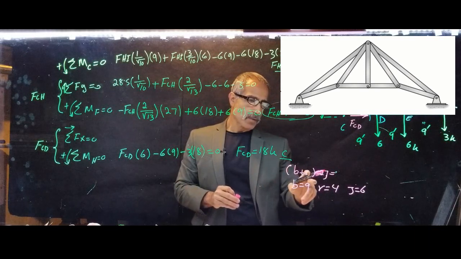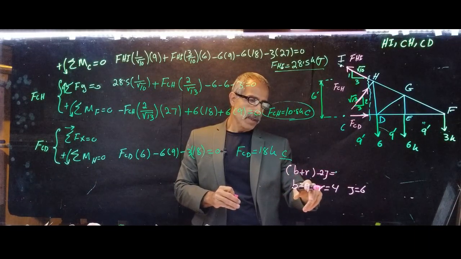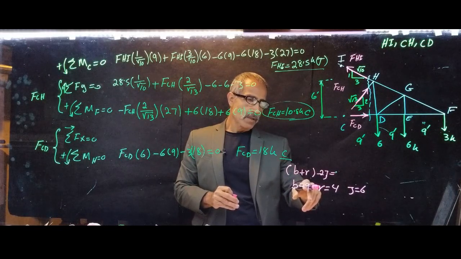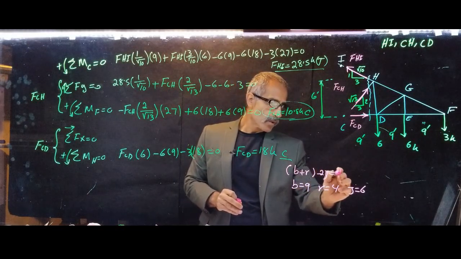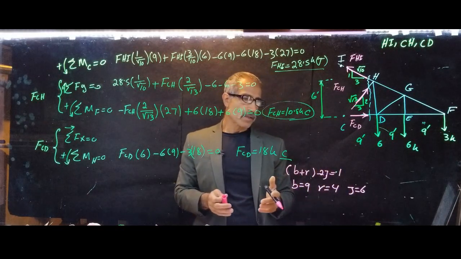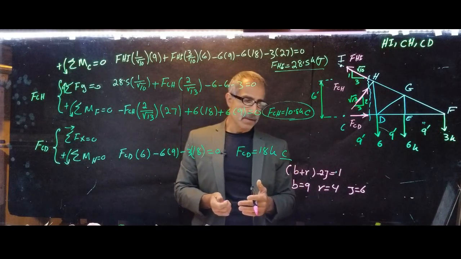If we use this formula, it's 9 plus 4 minus 12, so that comes out to 1. And the truss is indeterminate to the first degree. That's it.